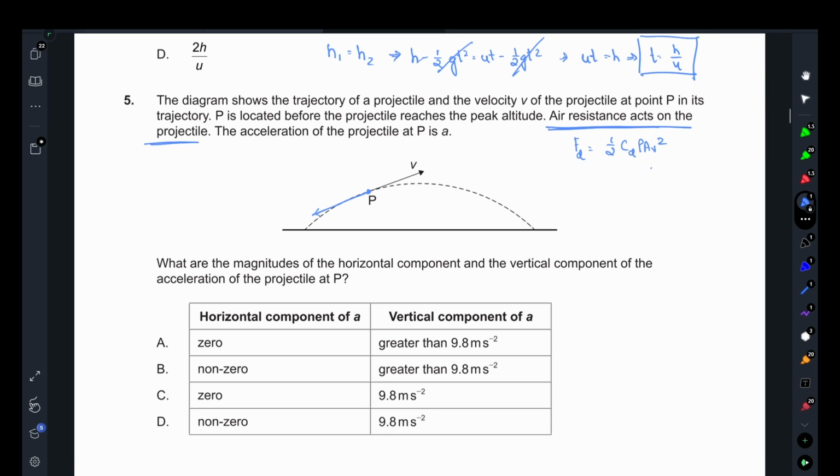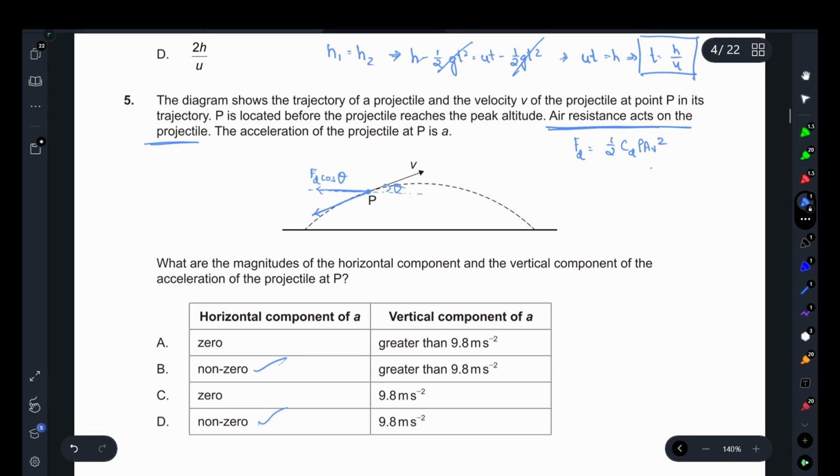So it forms an angle theta to your x and y axes. Let's call this theta. As such, your horizontal force will be greater than 0, so it's a non-zero quantity, and this will be Fd cos theta.